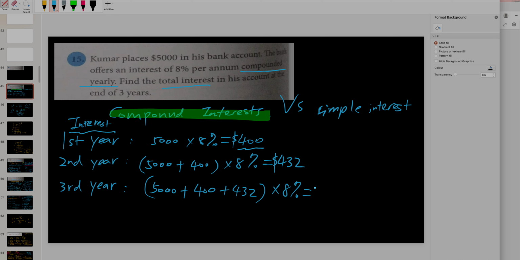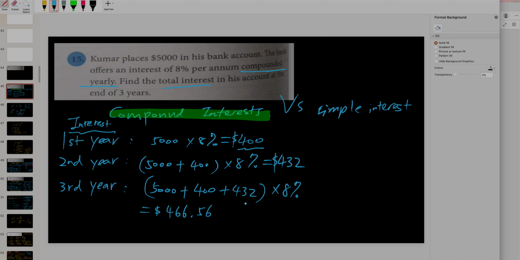What do you get? $466.56. Hold on. So the interest is 466.56. Okay, good. Did you round off, or is this the exact one? Yeah, this is the exact one.